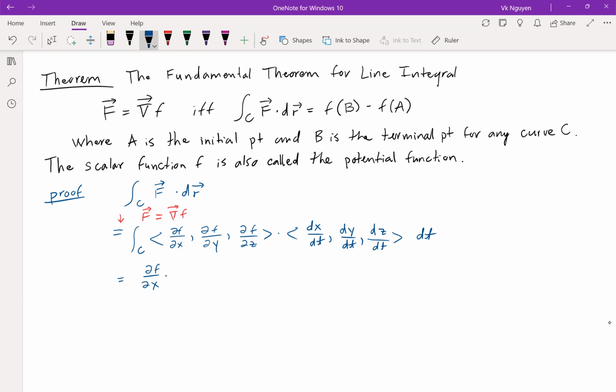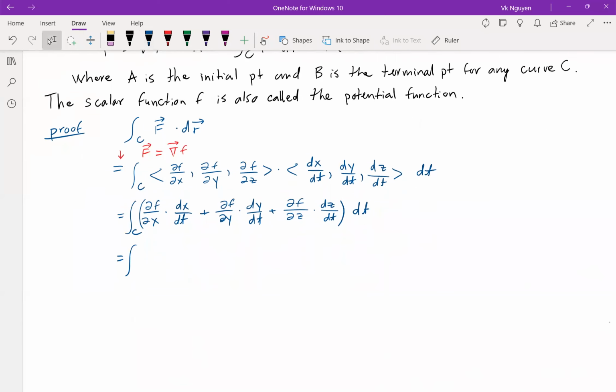Partial f with respect to x, dx over dt. Hopefully you see this as something that we have seen before. Plus partial f with respect to y, dy over dt, plus partial f with respect to z, dz over dt. Okay, what exactly is this? Partial f and then dx over dt.